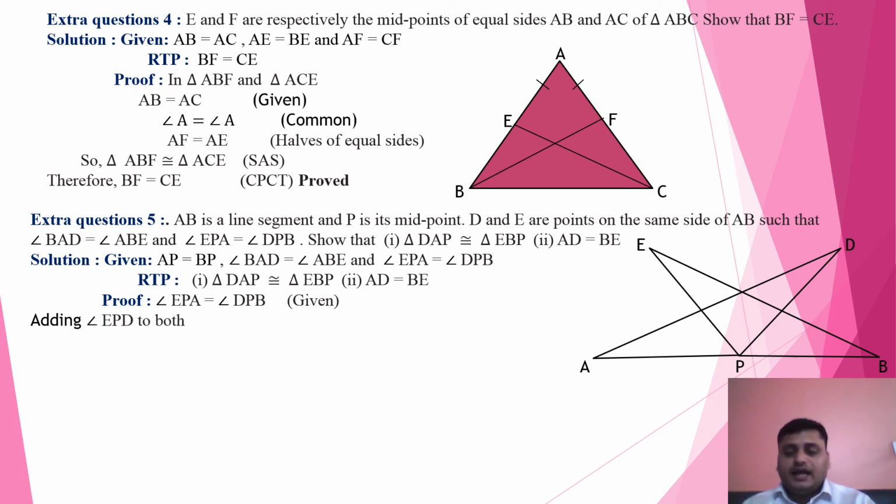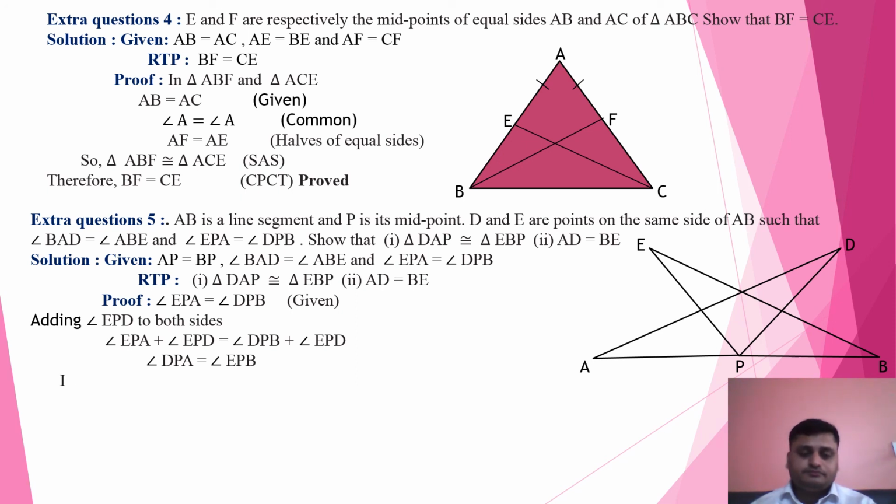Adding angle EPD to both sides, we get angle EPA plus angle EPD is equal to angle DPB plus angle EPD. After adding, we get angle DPA, and here we get angle EPB.